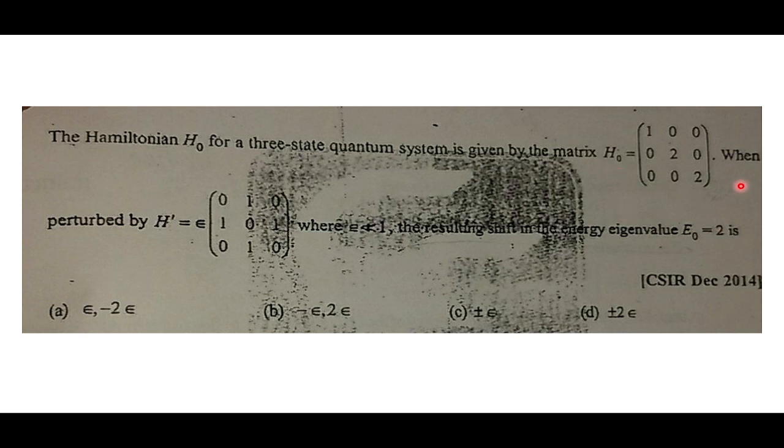Please tell me what are the eigenvalues and the corresponding eigenvectors. The eigenvalues are 1, 2, and 2, right. And the corresponding eigenstates for 1, for 2, and these two. Just find that and tell me.